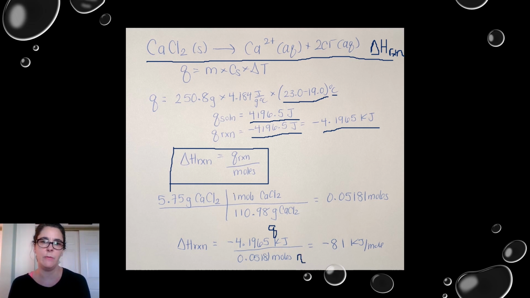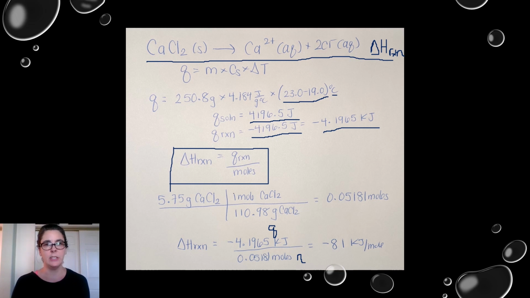So we have negative 4.1965 kilojoules per 0.05181 moles to give us the enthalpy of the reaction at negative 81 kilojoules per mole of calcium chloride. Okay, so this is our enthalpy, where again, we took that heat and divided it by moles to be able to report it as the enthalpy of the reaction scaled to the coefficients of the reaction.